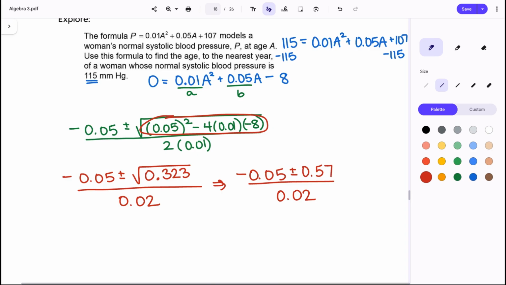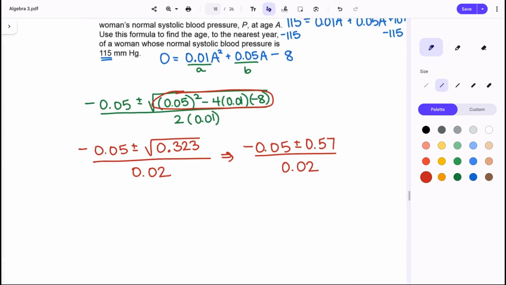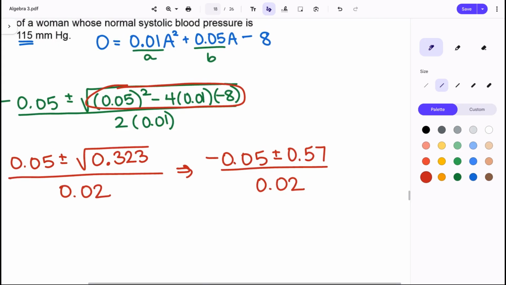Now we're still just trying to figure out what her age is here. So we're going to think about both solutions. If I take negative 0.05 and I add 0.57 and then divide by 0.02, and then the exact same thing down here, but instead you're going to subtract.